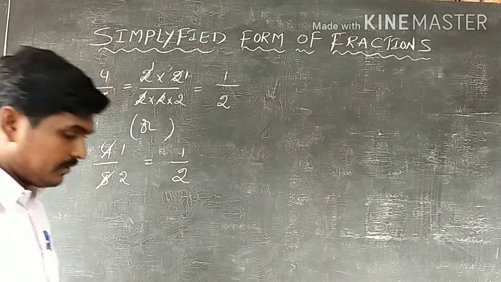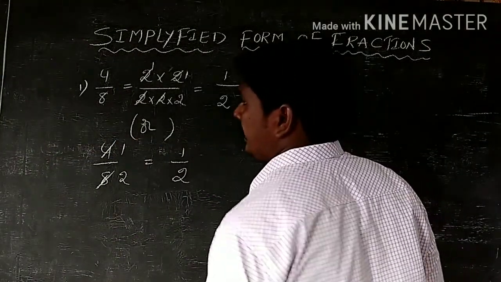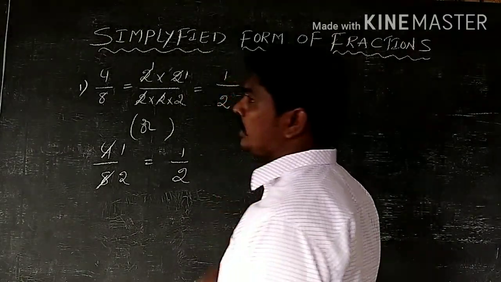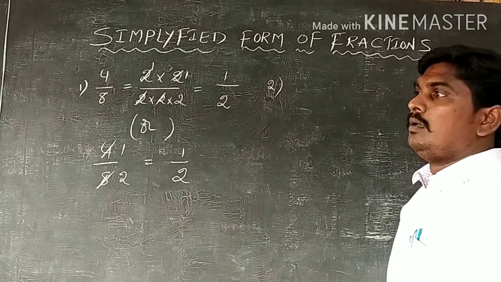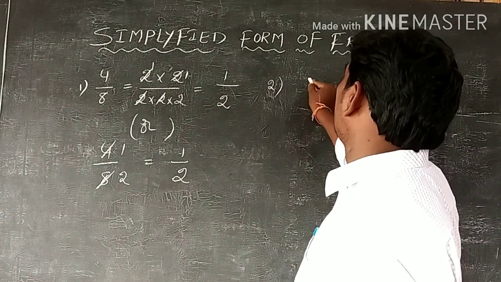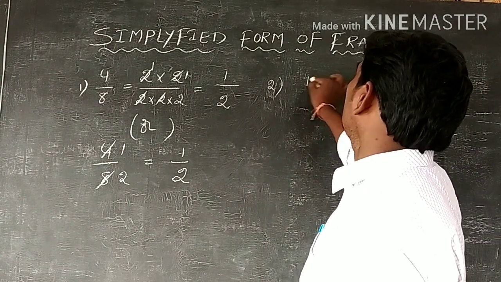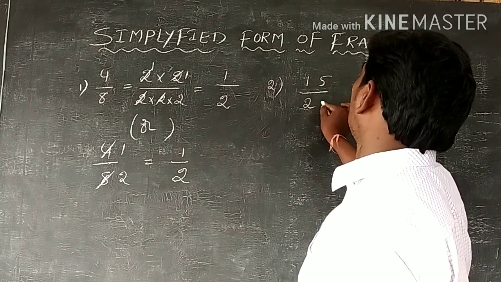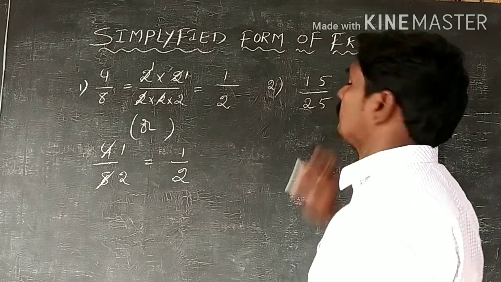That was with single digits. Now taking 2 digits, numerator 2 digits and denominator also 2 digits, with one example I am going to explain now. For example, 15 by 25.